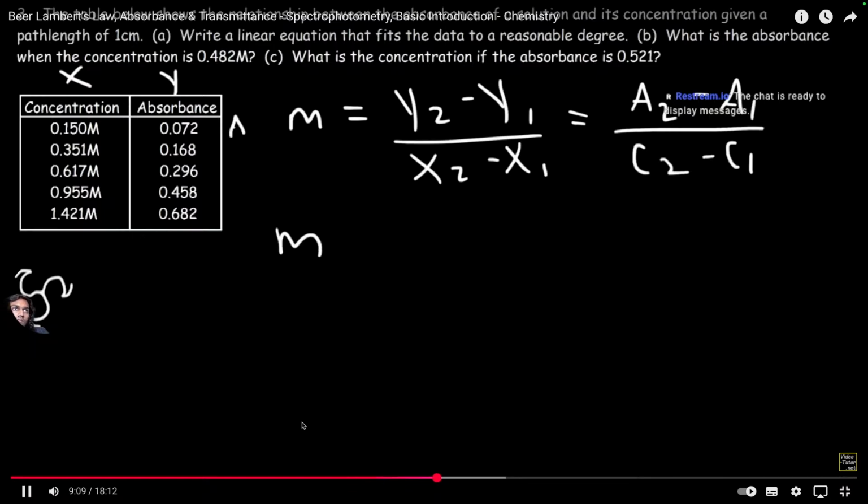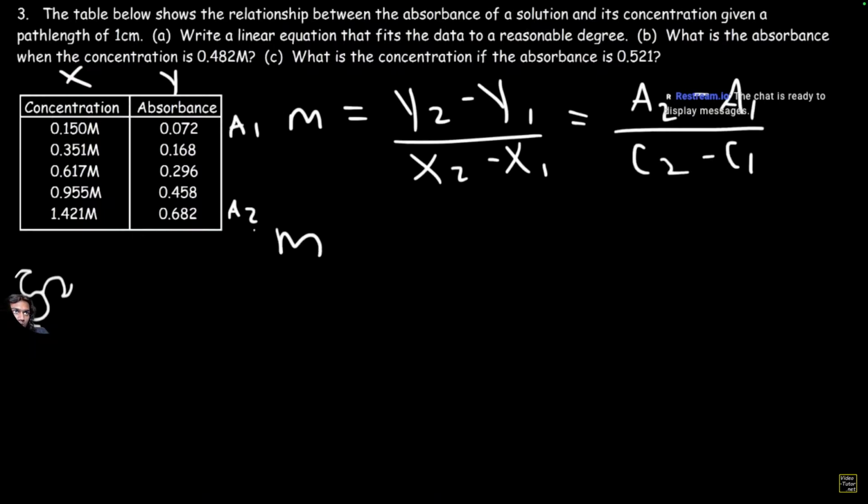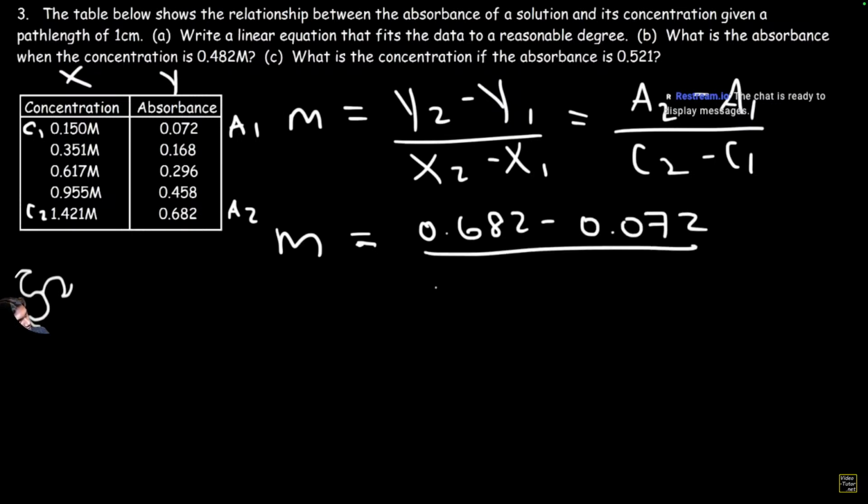So I'm going to choose this as A1 and the last one as A2. So this is going to be C1 and C2. So A2 is going to be 0.682. A1 is going to be 0.072. And then C2 is 1.421. And C1 is 0.150.